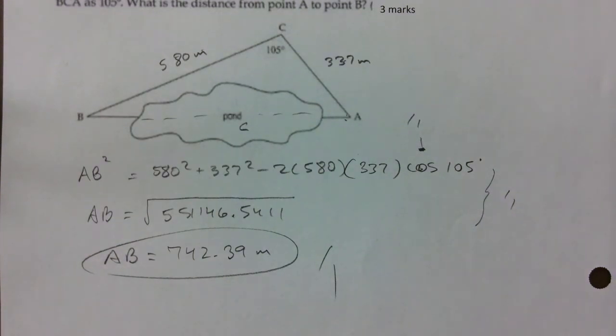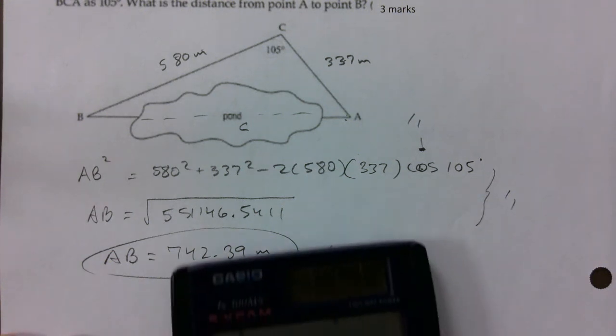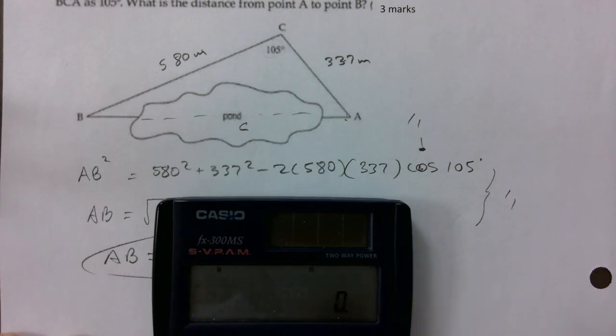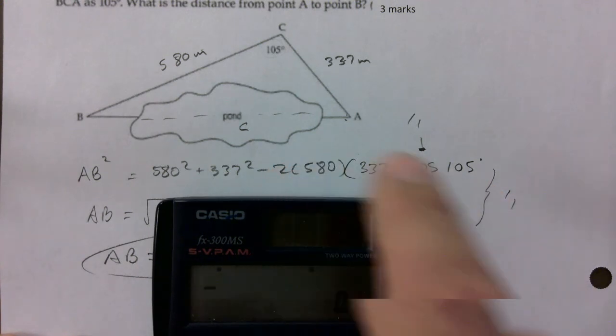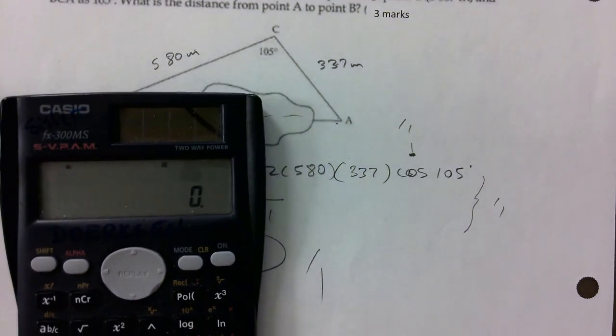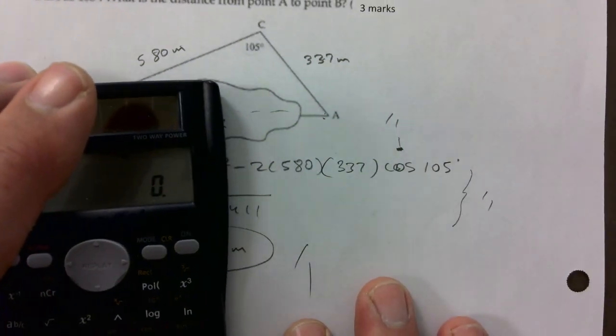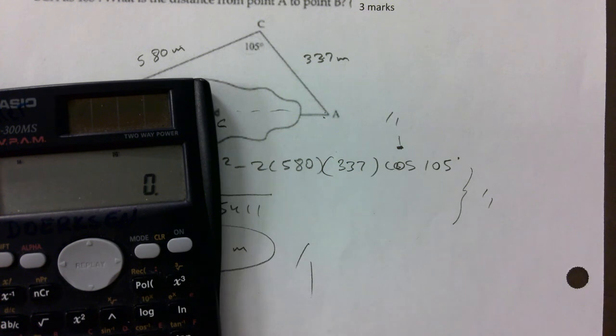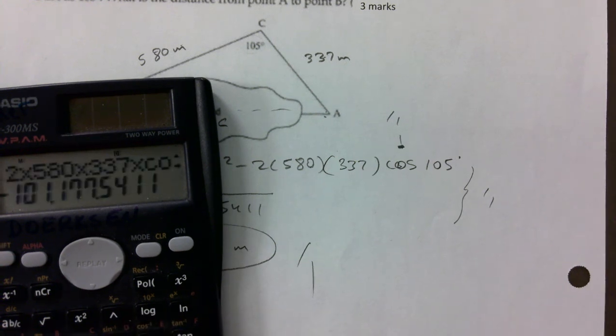If you need to figure out how to type this in, okay? If you had issues with this, pay attention to what I'm about to show you here. If you're doing the second half separately in your calculator, you need to watch out for the double negative, because if you just go 2 times 580 times 337 times cosine of 105, you're going to get a negative.